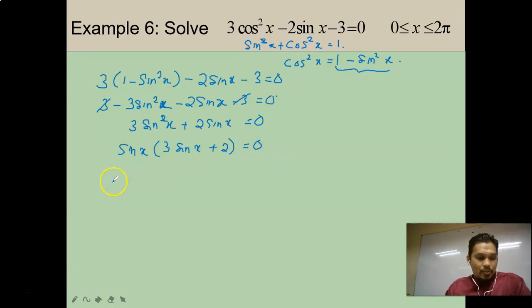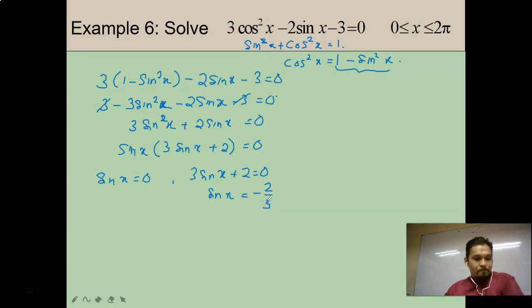Okay, so we got two terms here: sine x equals 0, and 3 sine x plus 2 equals 0, so sine x equals negative 2 over 3.